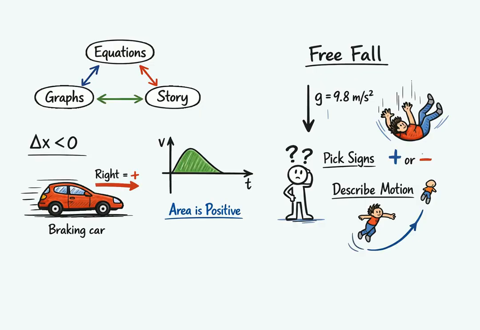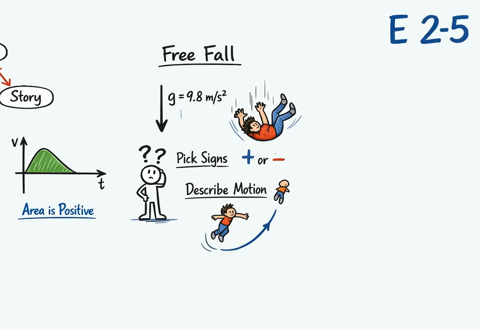This habit of triangulating, equations for numbers, graphs for shape, and the story for direction, is what makes kinematics feel like control rather than memorization. The next natural application is free fall, where the acceleration is known ahead of time and is approximately constant. The main challenge there is not inventing new equations. It's choosing signs and letting the mathematics describe the motion faithfully.